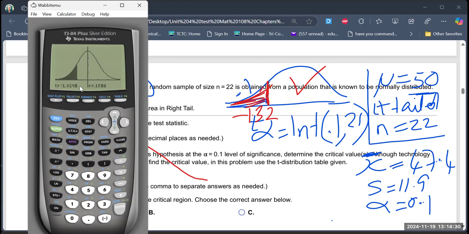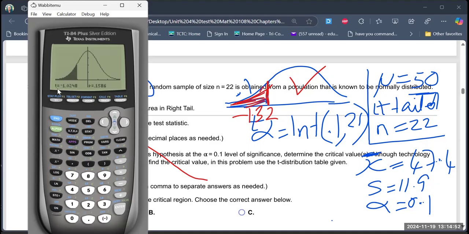Well, let's look at the test statistic. I told you that our calculator does the test statistic for us. It is negative 1.0248. Let's compare it with the boundary, the critical value.